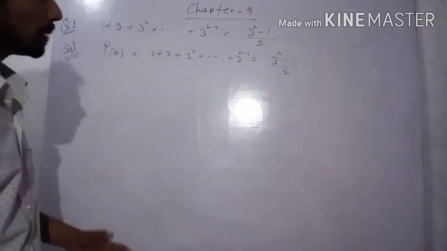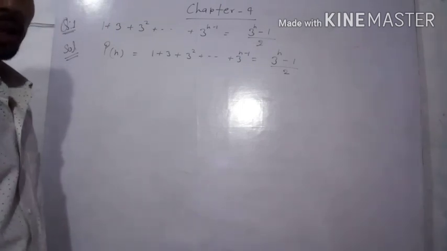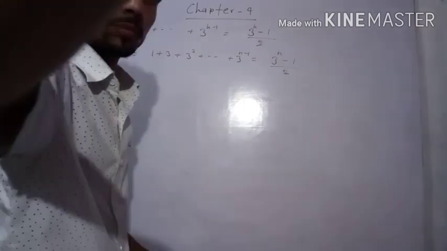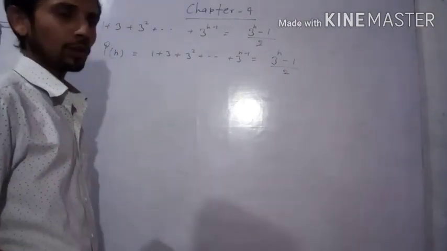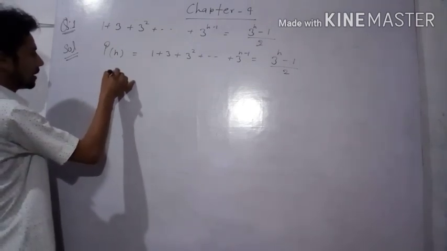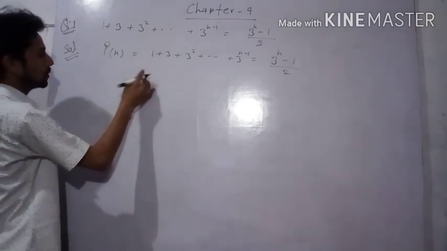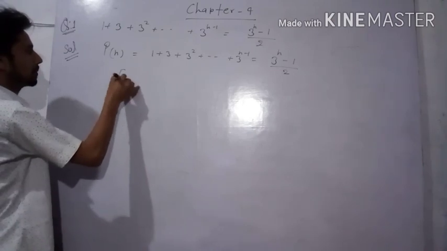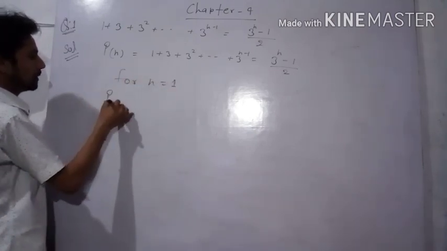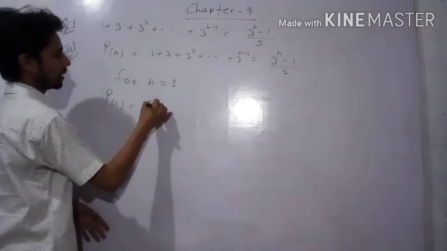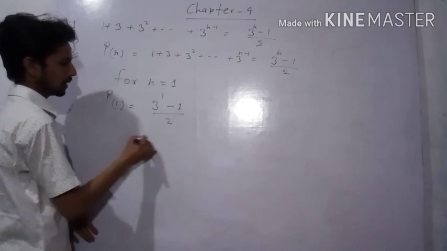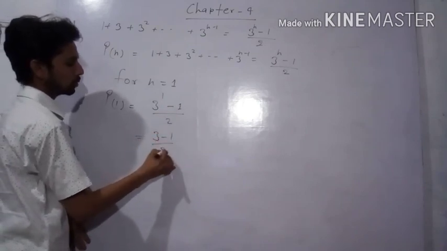First of all, we have to prove that it is true for n equal to 1. So for n equal to 1, P1 equal to 3 exponent 1 minus 1 upon 2, that is 3 minus 1 upon 2.